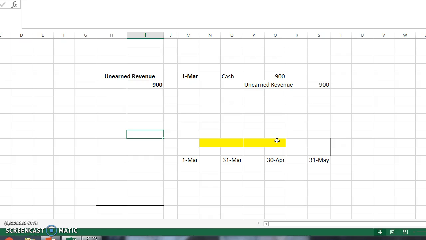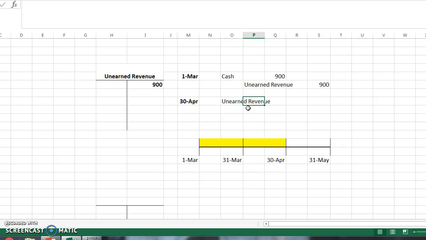So we have incurred, or the tenant has incurred that expense. We have in fact earned the revenue for that time period. So our adjusting entry at April 30th is going to be to lower our unearned revenue.